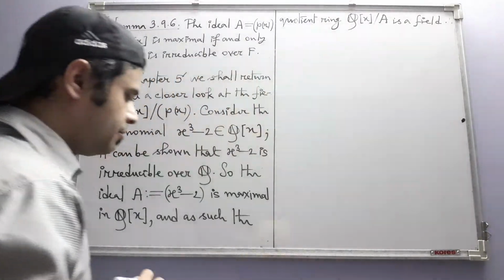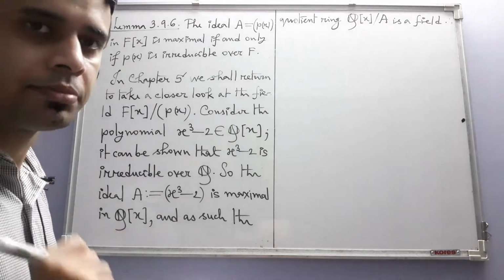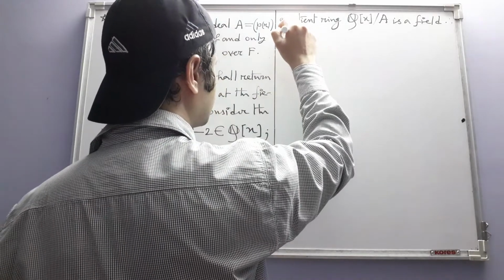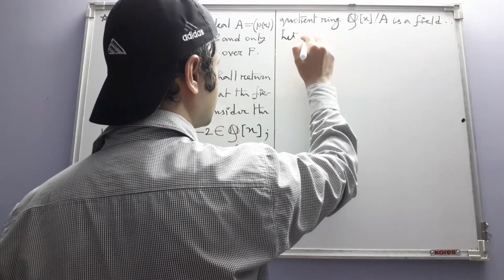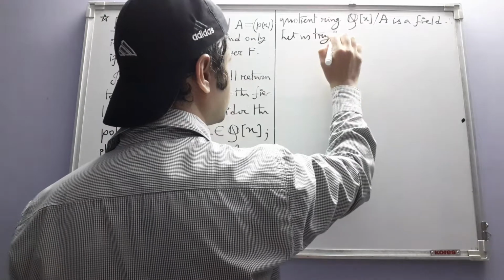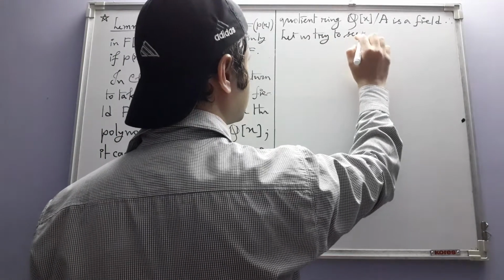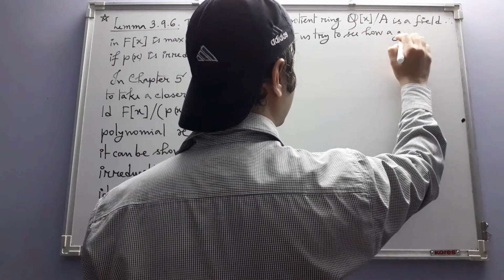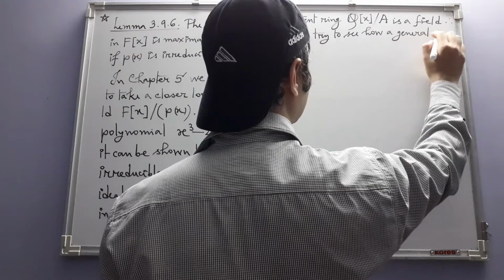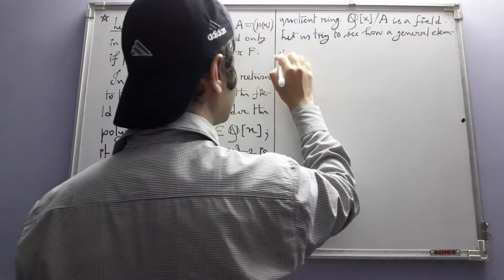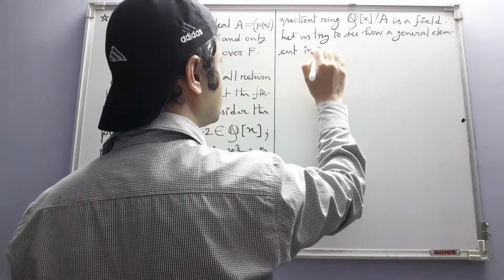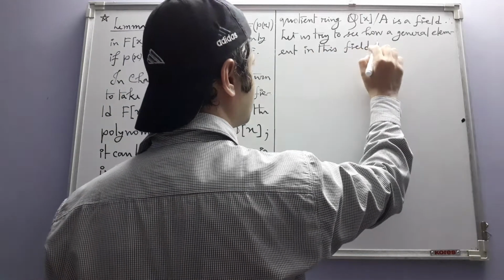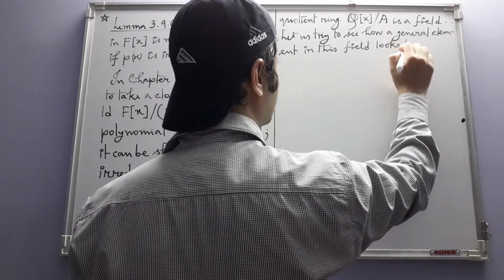Now, can we say something about this particular field? Let us try to see how a general element in this field looks like.